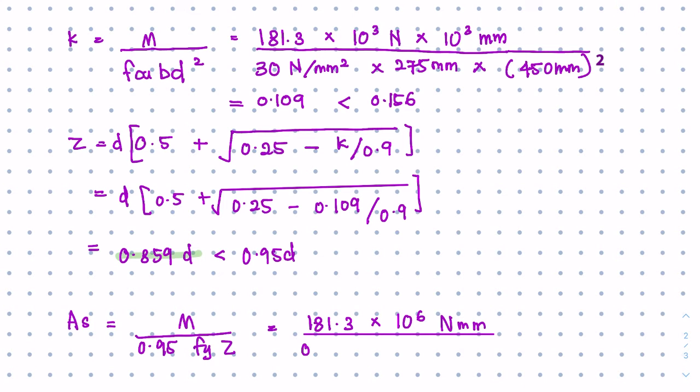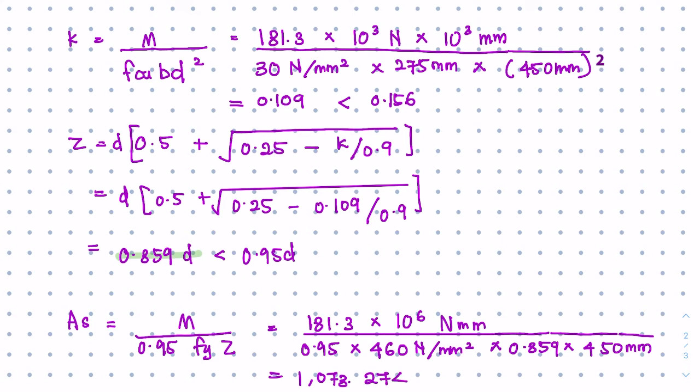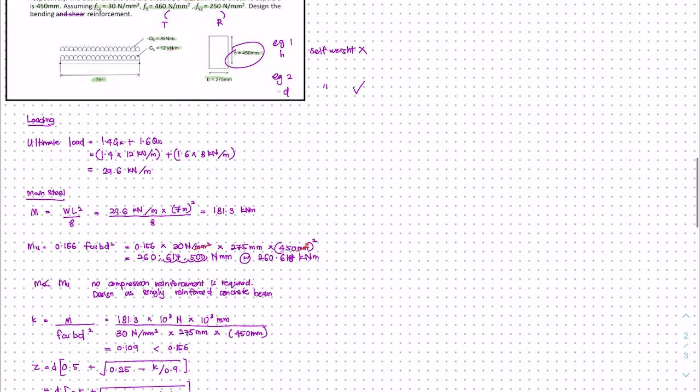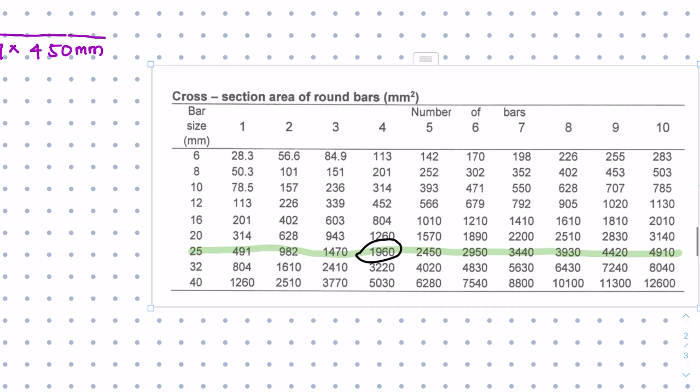Then we divide it with 0.95 times Fy, which we know is high tensile steel 460 for the main reinforcement, and again times Z, 0.859, and times D, which is 450 mm, because it is 0.859D. So we need to multiply by D for this. I get here 1073.274 millimeter square.